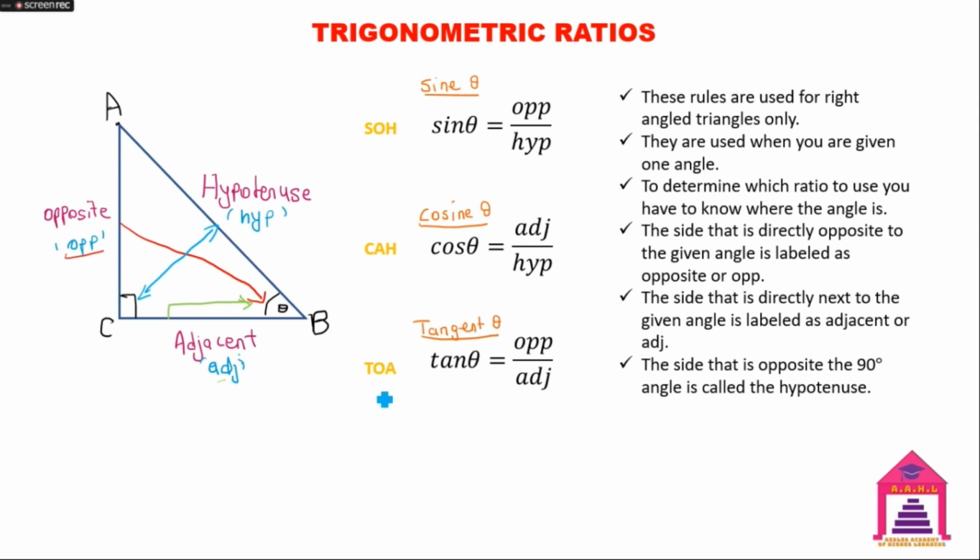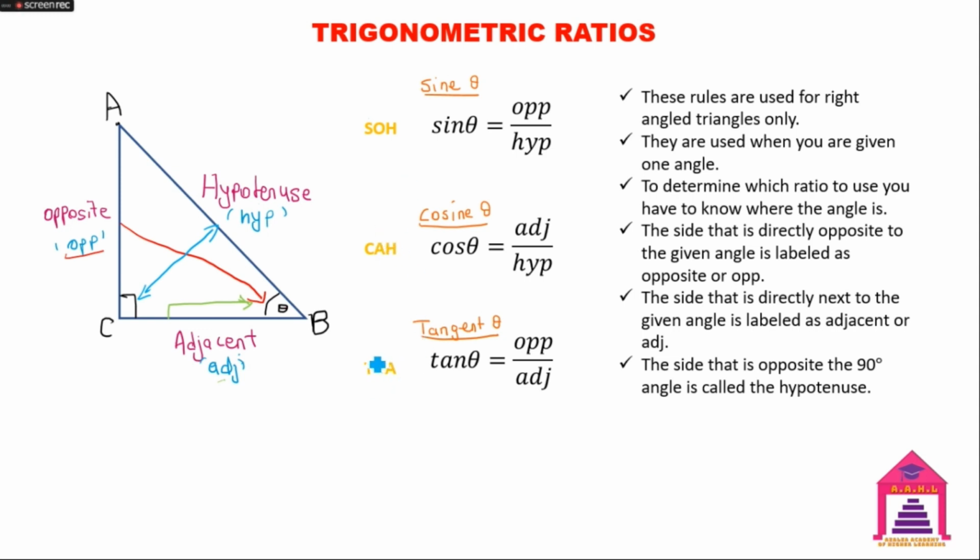So, SOH CAH TOA. S means sine theta is equal to the length of the opposite side of the angle divided by the length of the hypotenuse. CAH: cosine theta is equal to the length of the adjacent side of the angle divided by the length of the hypotenuse of the triangle.